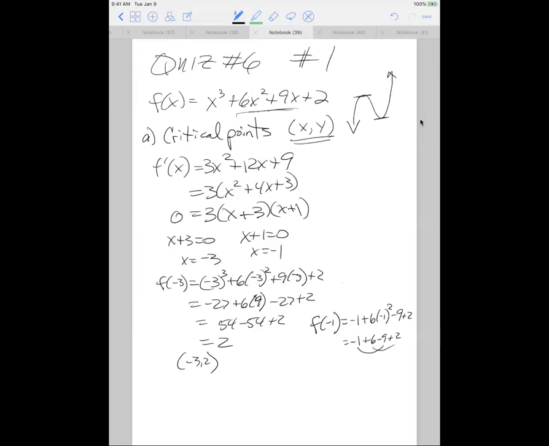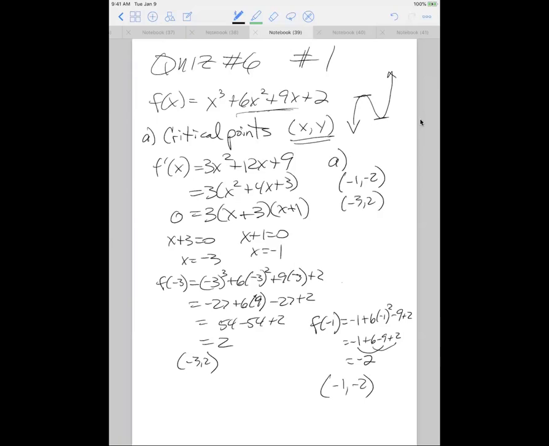Minus 10 plus 8 is minus 2. So I have the second critical point at (minus 1, minus 2). So the answer to the first question, what are the critical points? We've got the critical points at (minus 1, minus 2) and at (minus 3, 2).